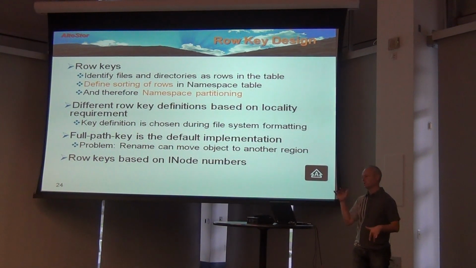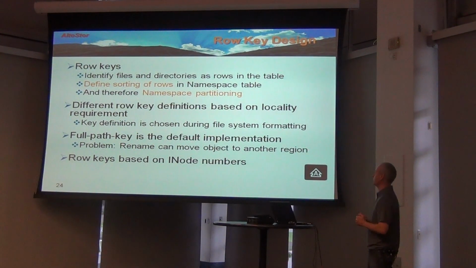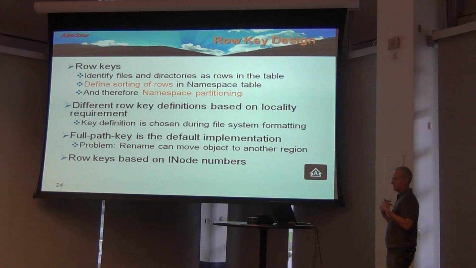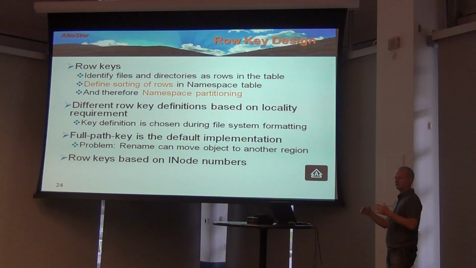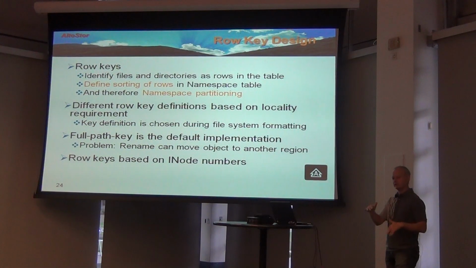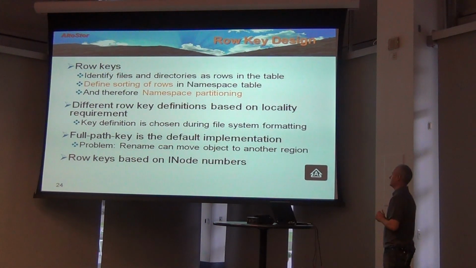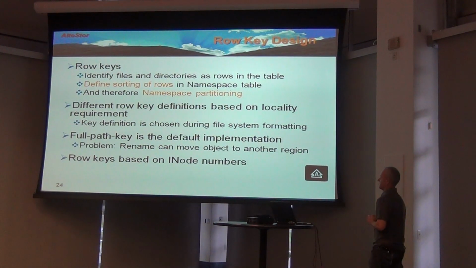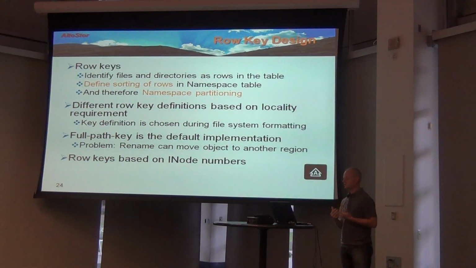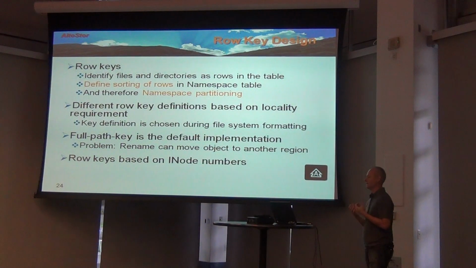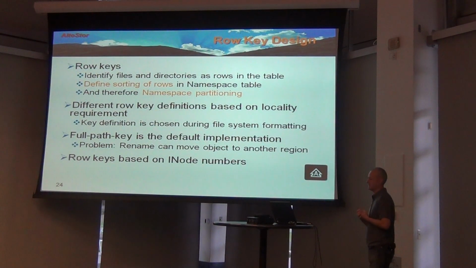And by defining sorting of the rows, it defines partitioning of the rows, because they are partitioned horizontally in the order they are stored in the table. So in Giraffa, we would like to experiment with different key definitions depending on locality requirements.